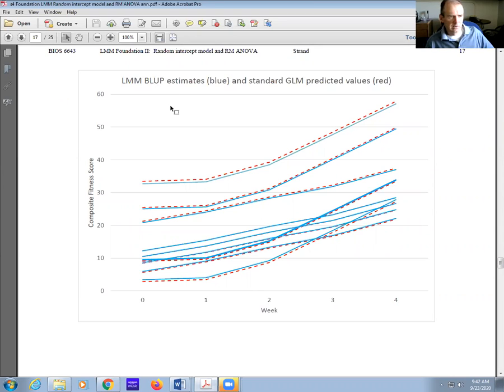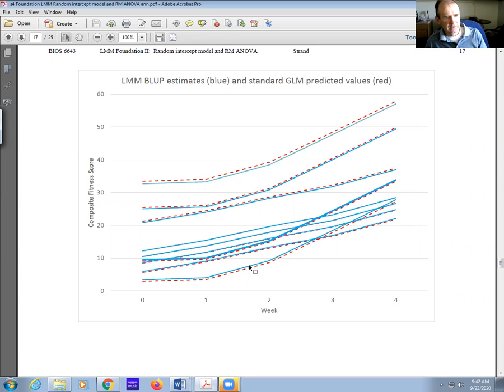Those are essentially the Y hat equals X beta hat plus Z b hat, and those are the blue lines.